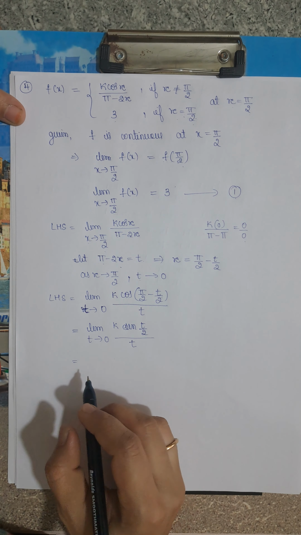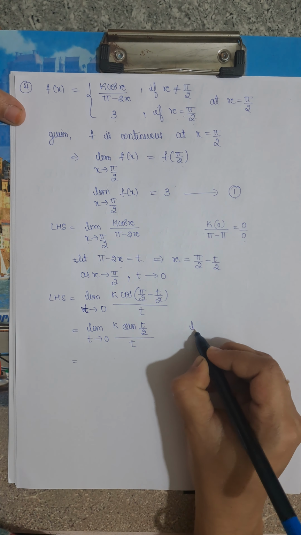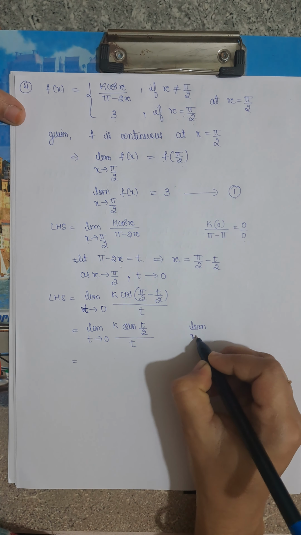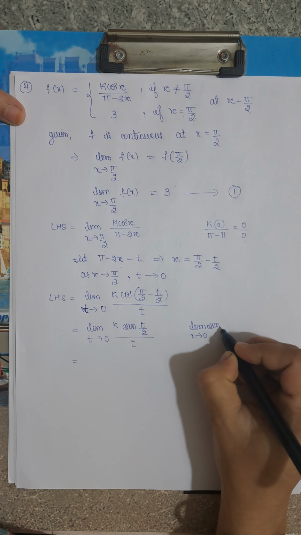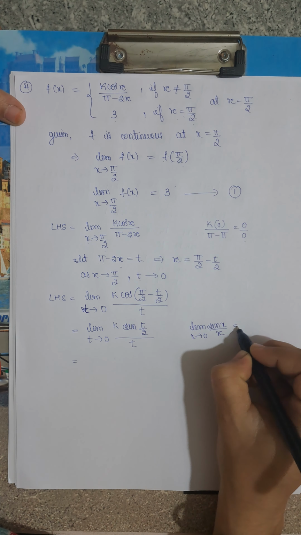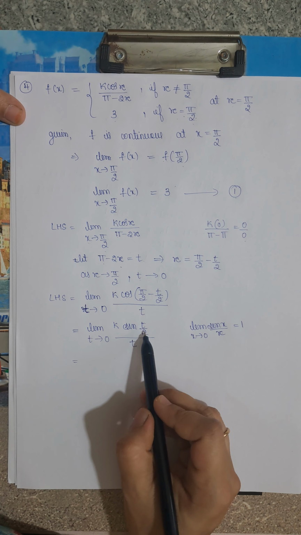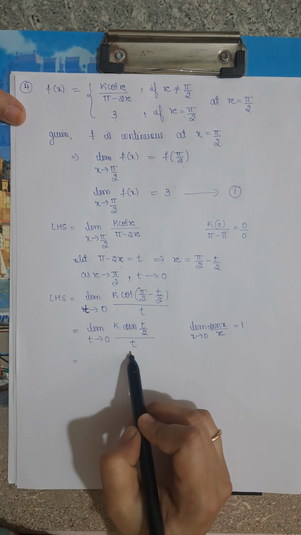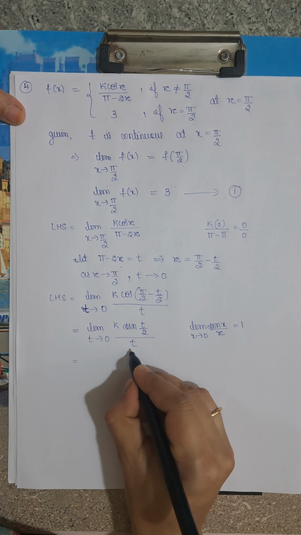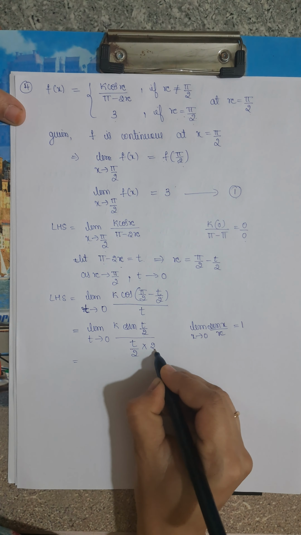So that is equals to, we have a theorem in limits, that is limit as x tends to 0, sin x divided by x is equals to 1. So to apply this we have to convert the angle. So whatever the angle we have, t by 2, here also it should be t by 2. For that what I'll do is I'll multiply and divide by 2.